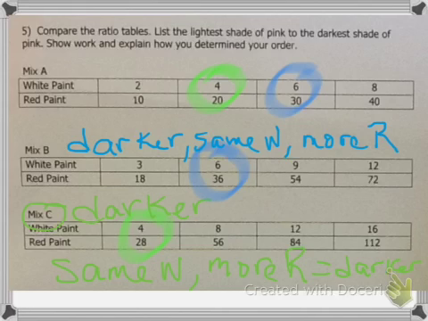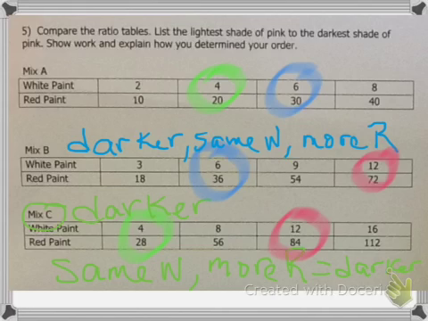So it looks like mix B and C now has to be compared because they're both darker than A. So let's try a different color. We'll go with red now. And if I'm comparing mix B and C, what I see in common is they both have 12 white and different amounts of red.